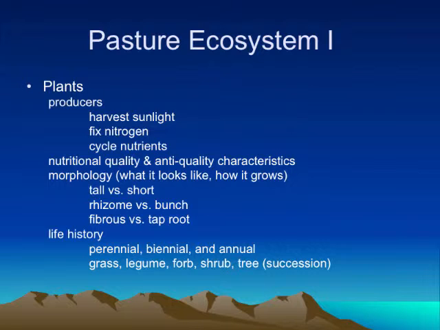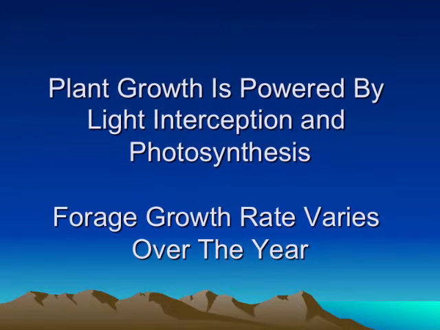These are all important characteristics that we need to learn about as we go through life with the plants out in our fields. Life histories. Are they perennial, biennial, annuals? Where do they fit within the successional stage or within the community of plants that we're working with out there?